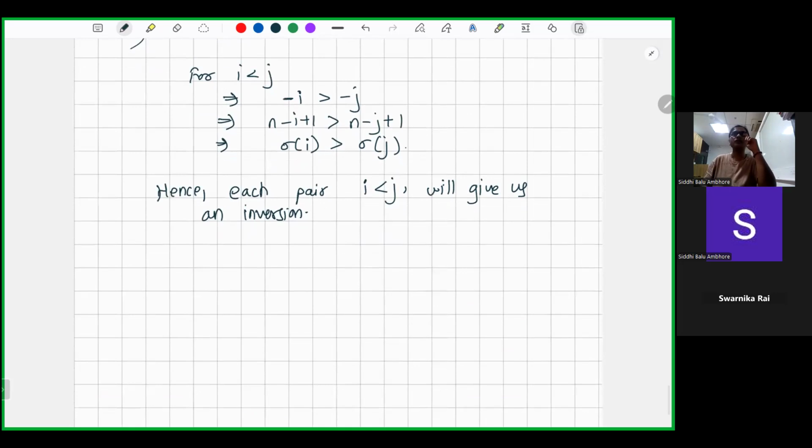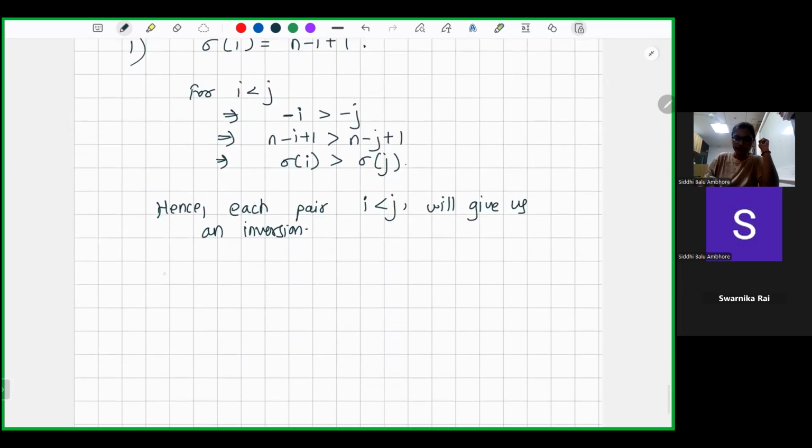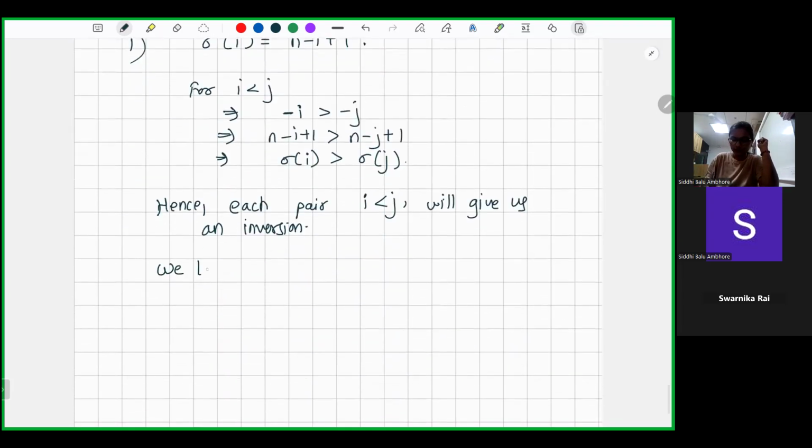And how many of such pairs are possible, i less than j? Since we are in Sn, we know that there are n choose 2 possibilities of i less than j, or i comma j in [n].